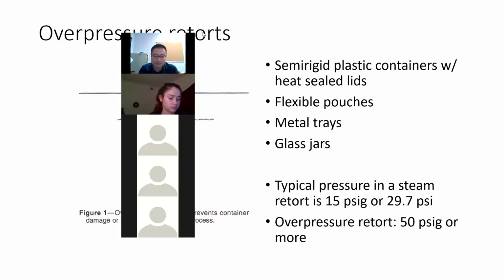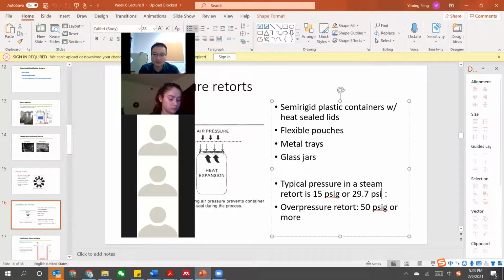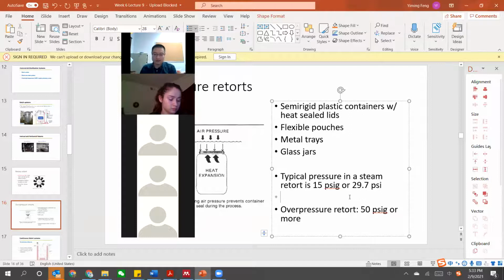Could you go over that one more time? Let me try to write something here. I thought this was covered in your previous class. So 1 atmosphere is equal to 14.7 psi.